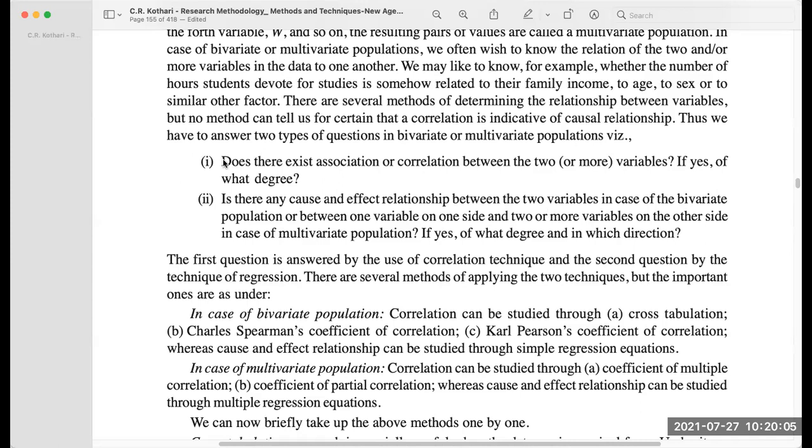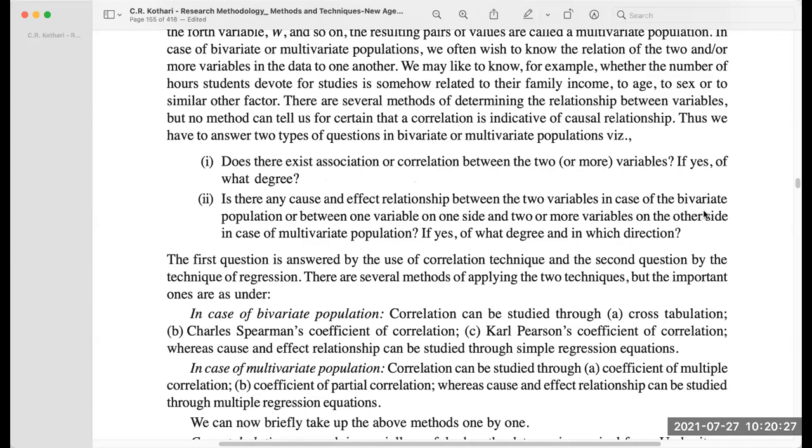So for that, we can ask: is there a correlation between the two or more variables? If yes, of what degree? What is the strength of that relation? How strong is that relation? Or is there any cause and effect relation between the two variables in case of bivariate?